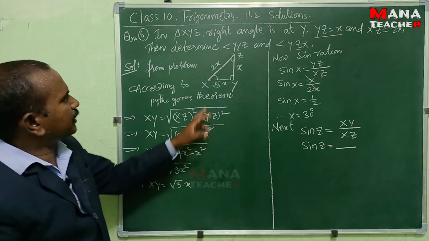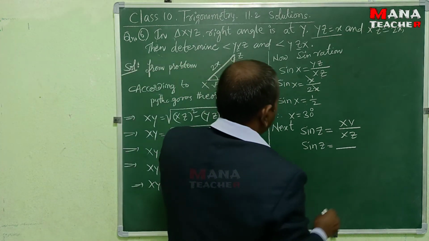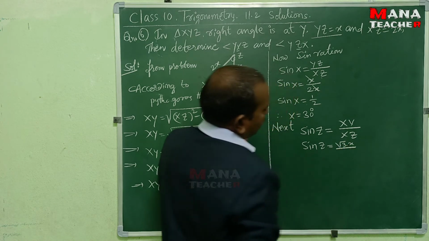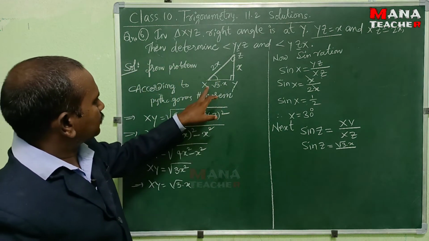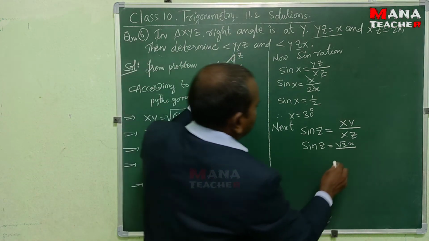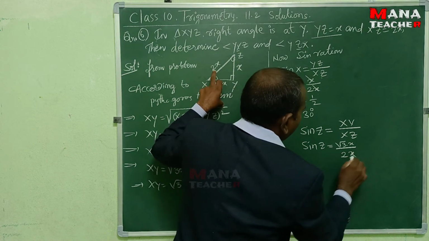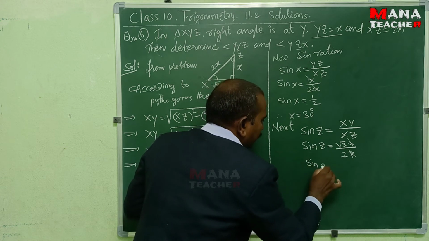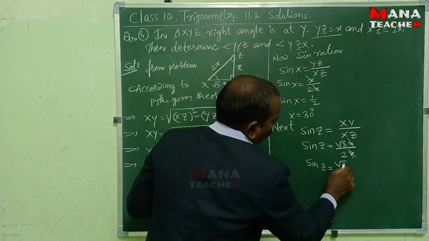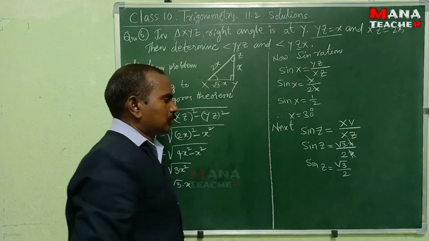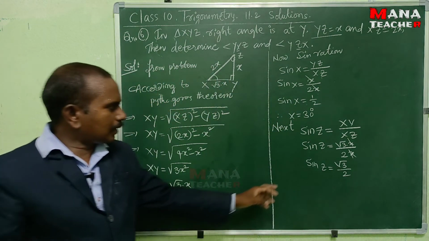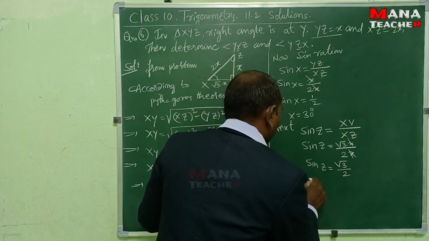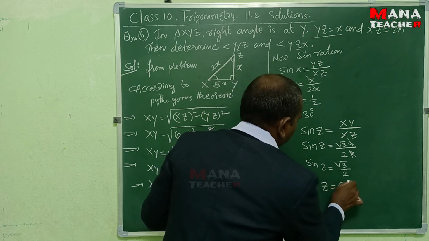What is XY here? Root 3 x divided by XZ, 2x. X will be cancelled. Sin z equals root 3 by 2. So for what angle will the sine ratio be root 3 by 2? Therefore z equals 60 degrees.